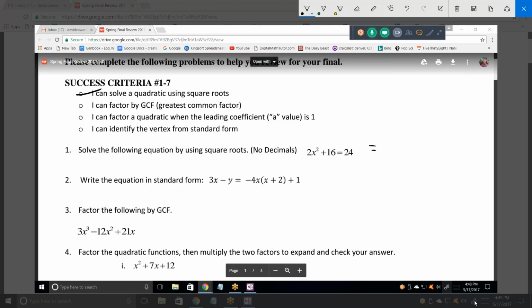Now, the bottom one, I can identify the vertex from standard form. So if I gave you a standard form, can you tell me the vertex? No, that's the y-intercept. The x-coordinate of the vertex is minus b over 2a. So what's minus b here?